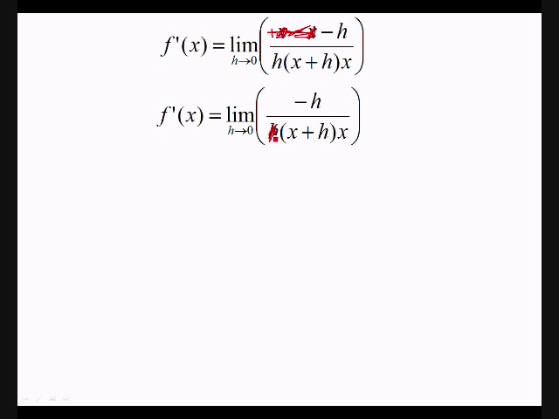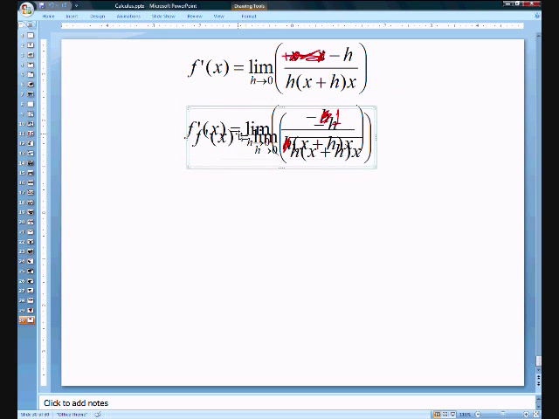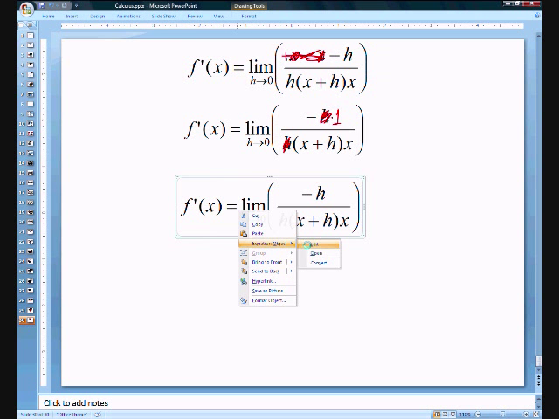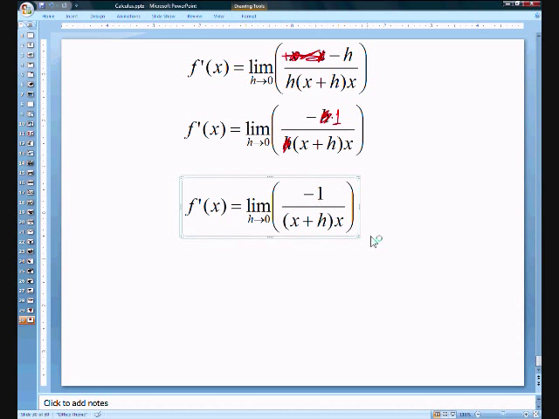So that h can cancel out with that, and all we're left with is negative 1 in the numerator. So what do we have right now? We have negative 1 over x plus h times x. So I think we have as much information as we can to now determine what the limit is.